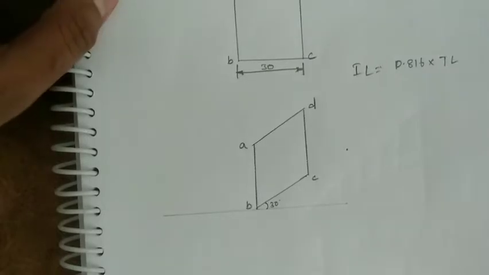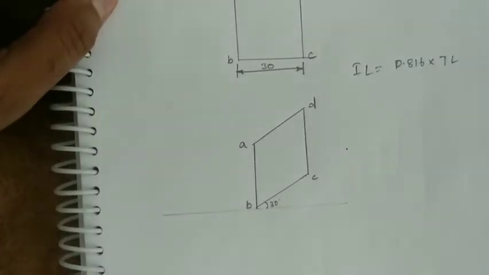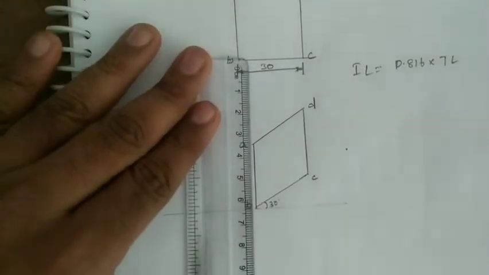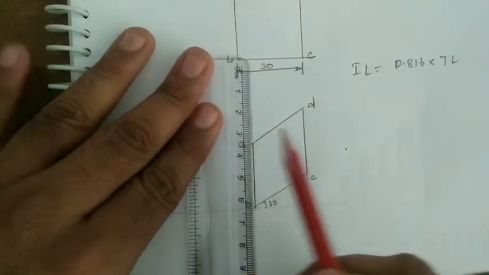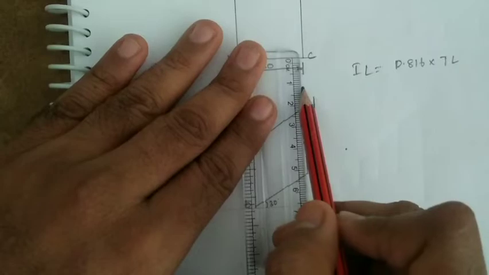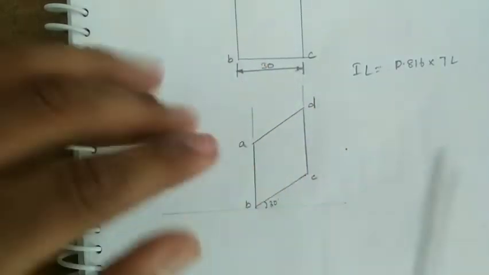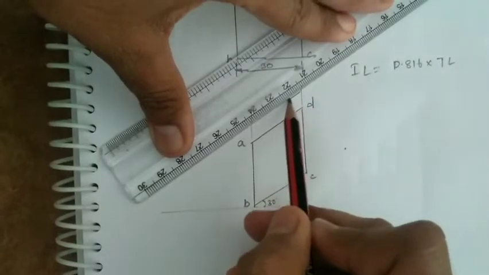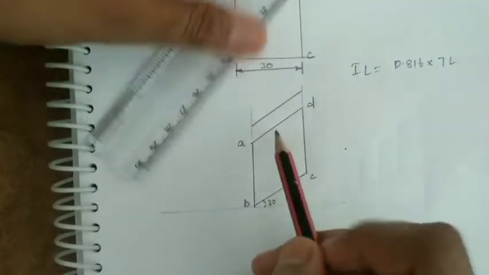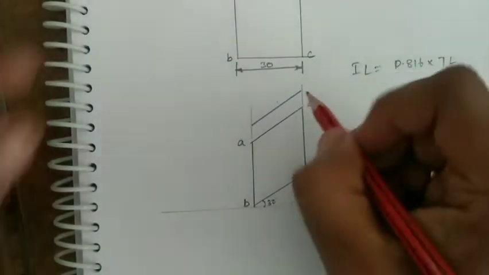Now, how do you mark the dimensions? Draw the dimension line, and the dimension should be parallel to this side.